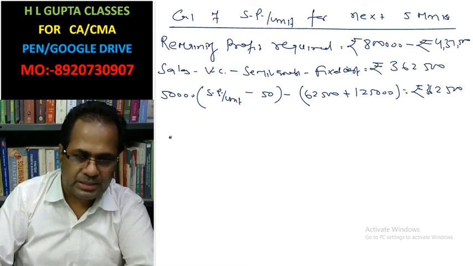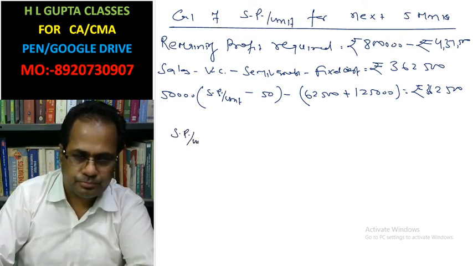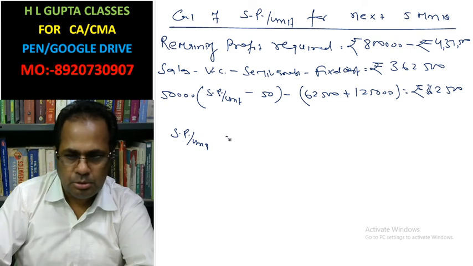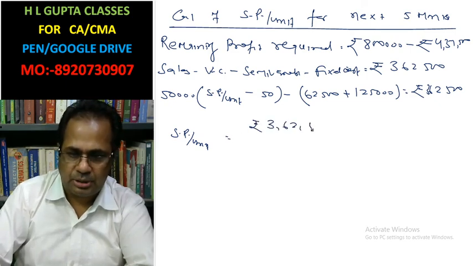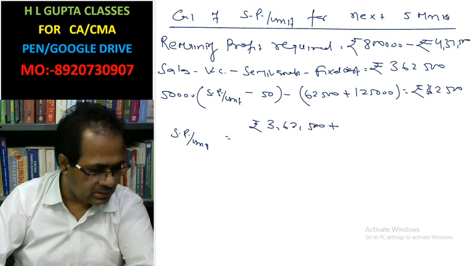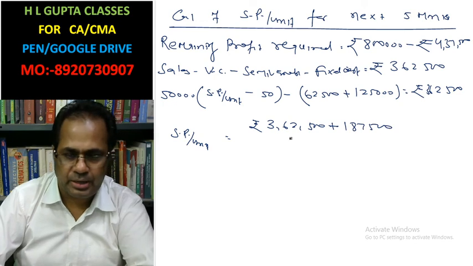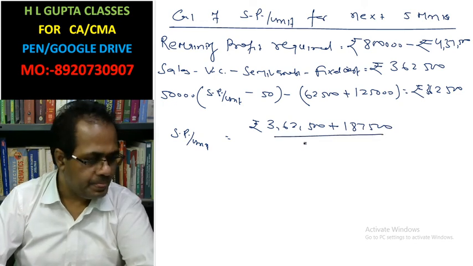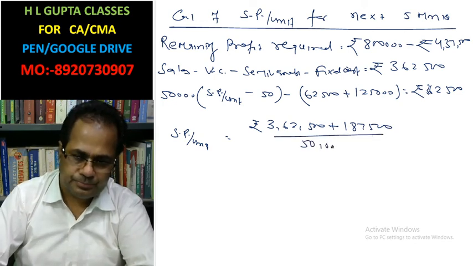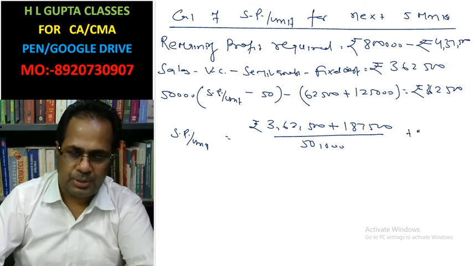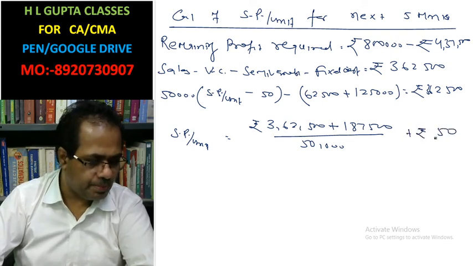So the selling price per unit is rupees 3,62,500 plus 1,75,000 whole divided by 50,000, plus rupees 50.